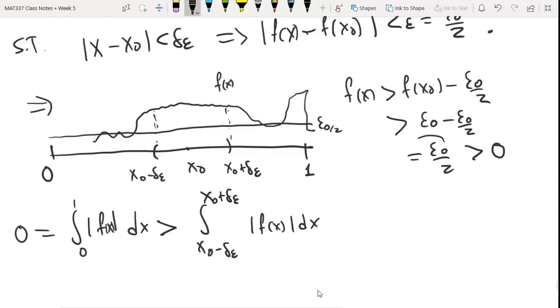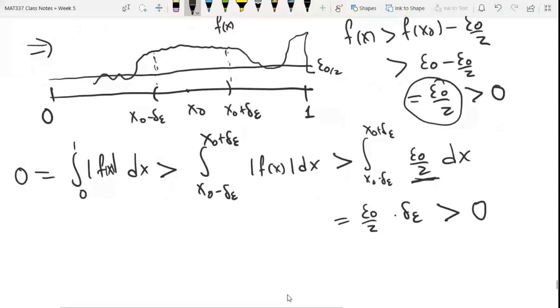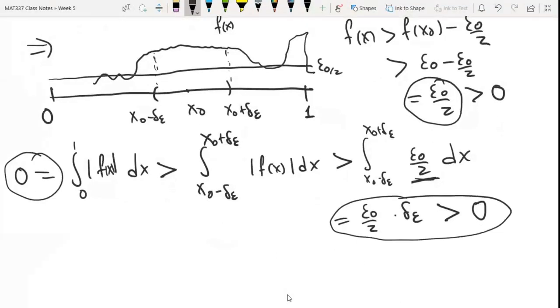And here we showed we have a lower bound. Now this guy doesn't depend on x. So we get this times delta epsilon, which is strictly positive. So we get that 0 is above a strictly positive number.